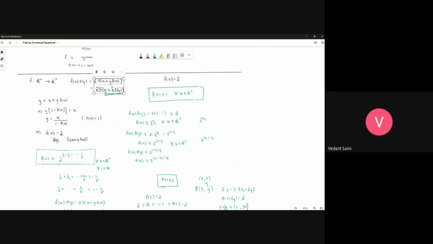Do people get how we get a symmetric relationship? That's just putting y instead of x and putting x instead of y. The left hand side doesn't change, but the right hand side swaps its x's and y's.